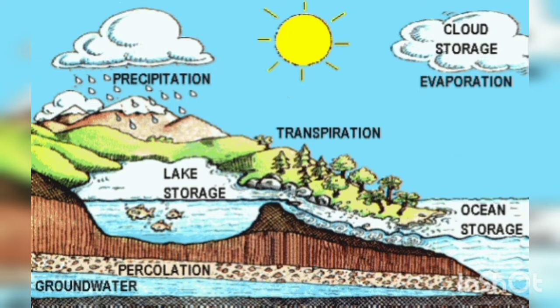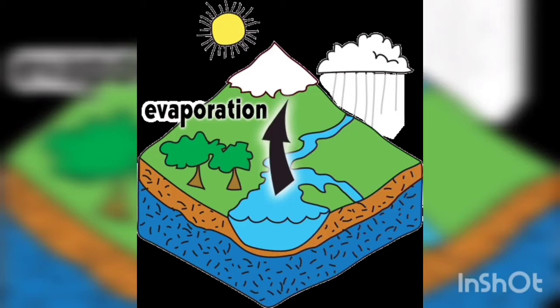So what comes from up goes once again to where it originated. So this is how we say it is a continuous process. The process of the hydrologic cycle starts with evaporation.